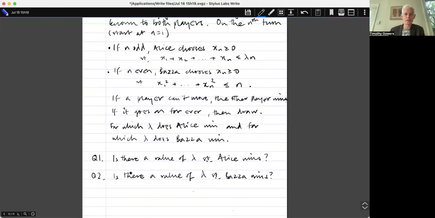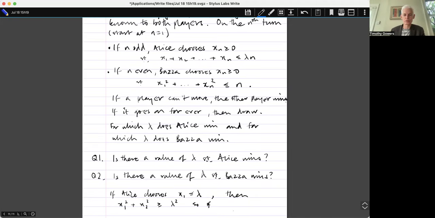But let's suppose Alice chooses x1 equals lambda, then x1 squared plus x2 squared, whatever Bazza chooses, is greater than or equal to lambda squared.